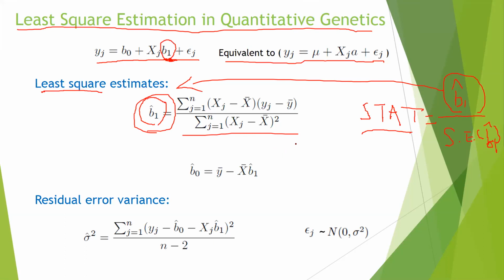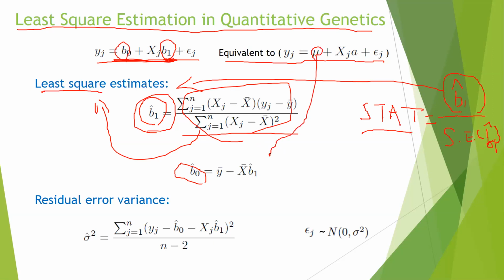I don't require you to memorize this, but you need to know that this is the formula we use to calculate the least square estimation for the slope of this linear regression model. All right, this is how we calculate the B1. We use this formula to calculate the estimation for the intercept.